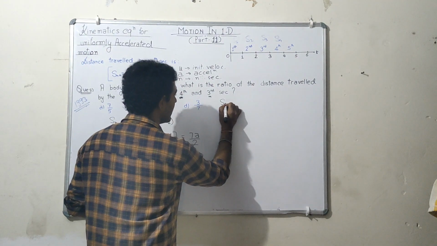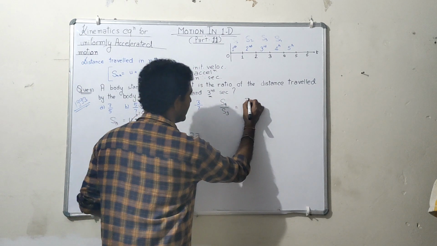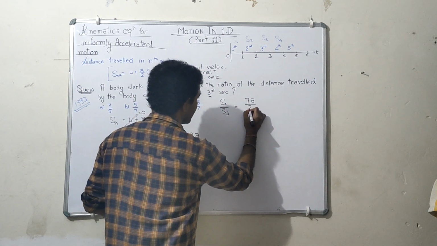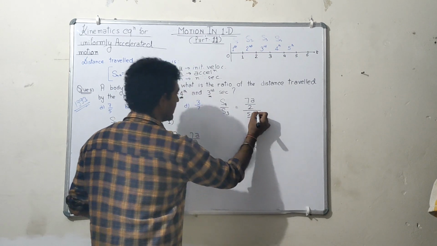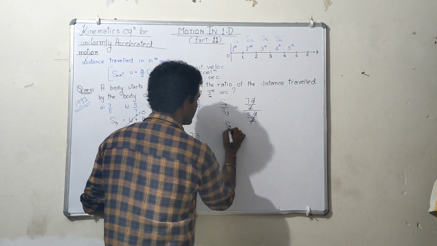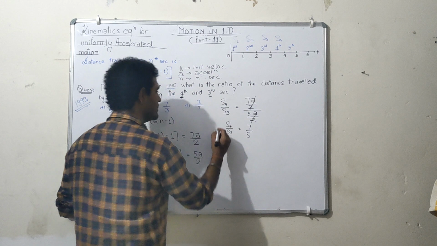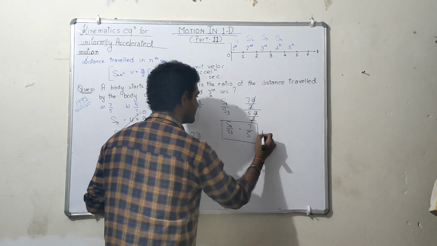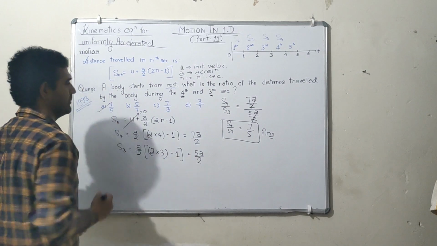So S4 upon S3 will be equal to 7a by 2 whole divided by 5a by 2. Now a by 2 and a by 2 cancel out, and S4 upon S3 comes out to be 7 upon 5. So this is the answer. So the answer option goes with A.